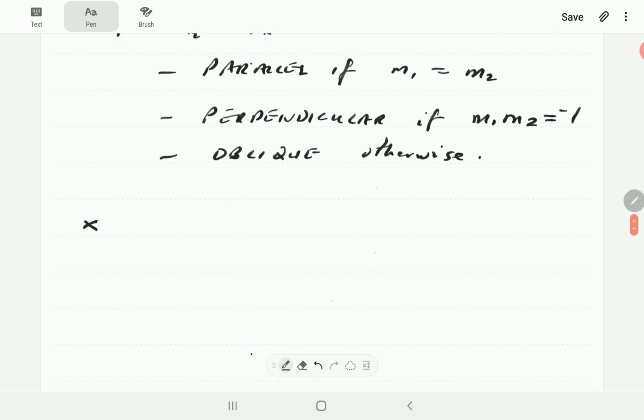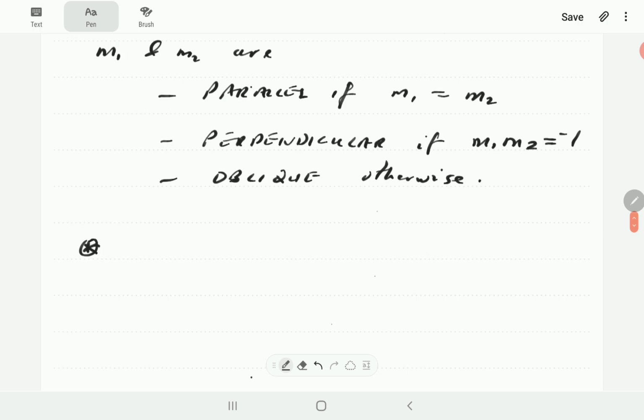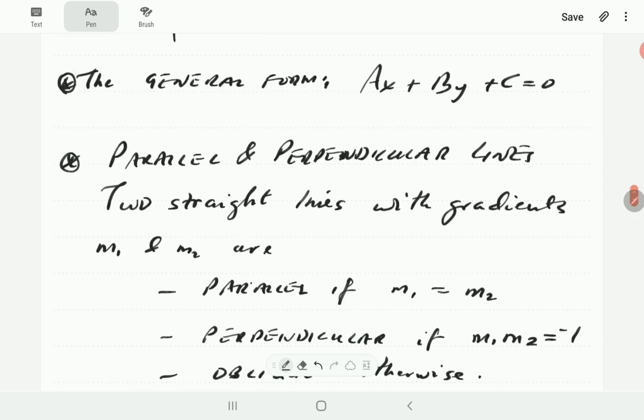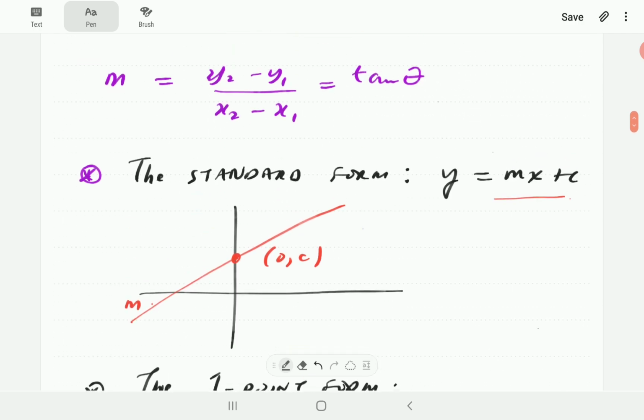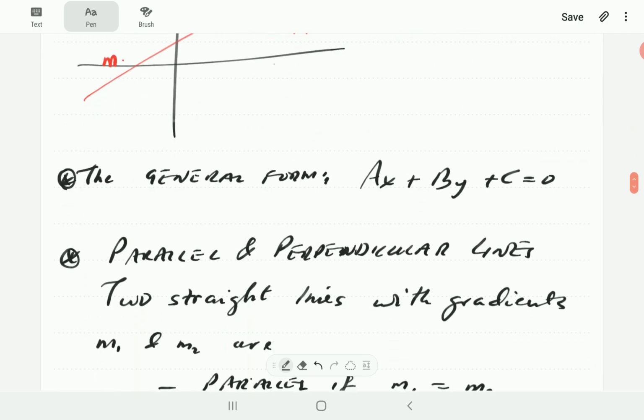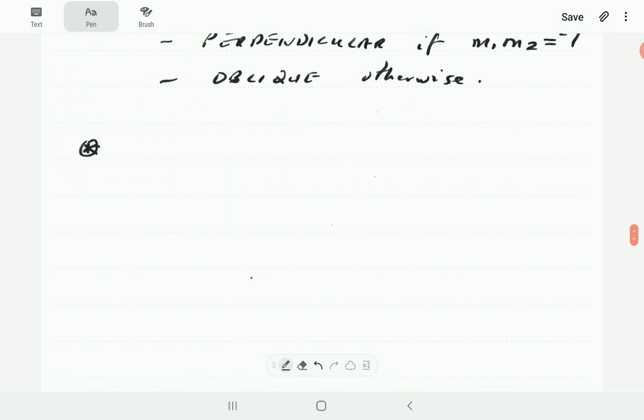Okay, there's one more form. I think what we have done so far will be familiar to most of our students. But the next form of a straight line, which is called the normal form, is most probably going to be new to most people.